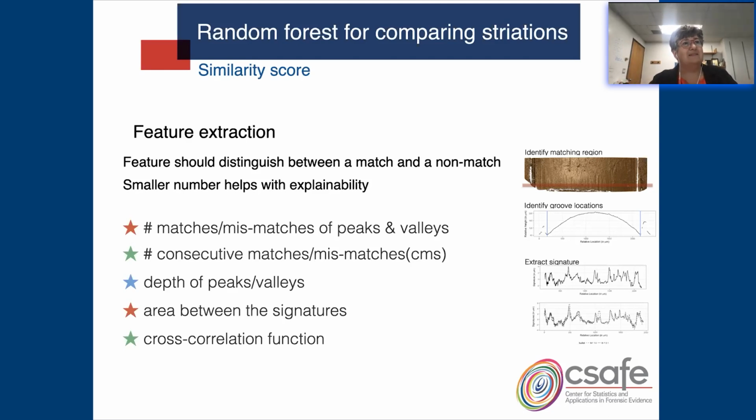And the value of knowing that variable 239 is important might not be the same as knowing, in the random forest for the bullets application, that the cross correlation function is influential, or that the number of matches is positively correlated with the similarity.